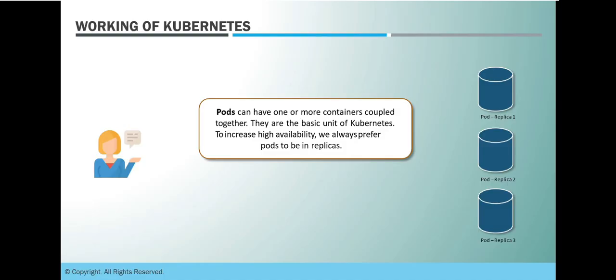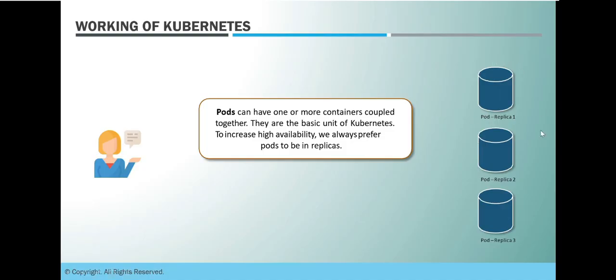To increase high availability, we always prefer pods to be in replicas. That means if we have an application pod deployed inside Kubernetes, we can have more than one replica of the same application pod running inside the kube cluster. This is the reason the Kubernetes architecture is considered highly available, because it supports redundancy at the pod level and other component levels as well.